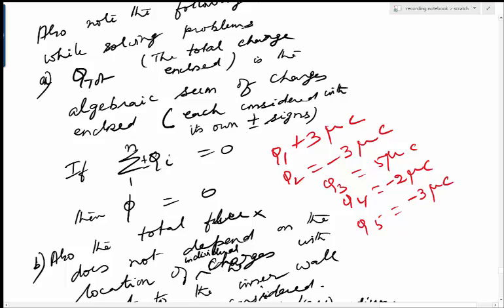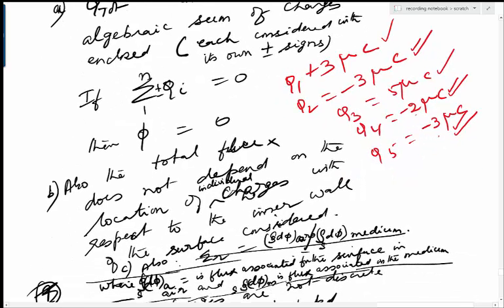If you add all the positives together, 3 plus 5, it comes to 8. And the negatives, minus 3, minus 2, minus 3, also add up to 8 in magnitude. All the negatives added together give you 8, and all the positives added together give you 8. Therefore, the sum becomes 0, and in that case, the total flux will be 0.